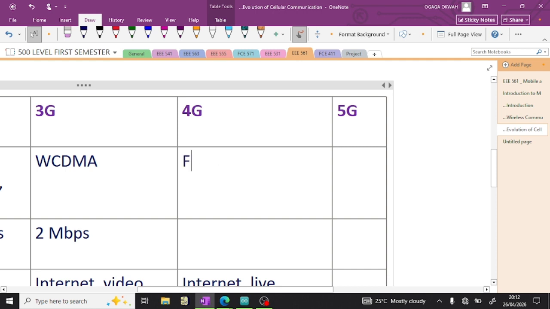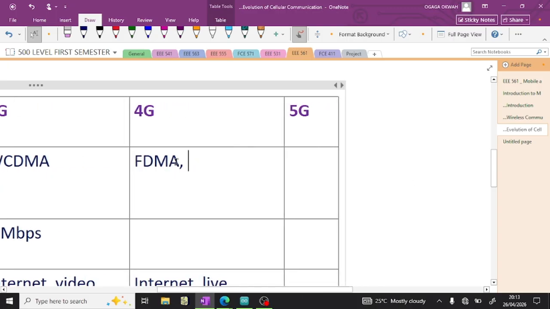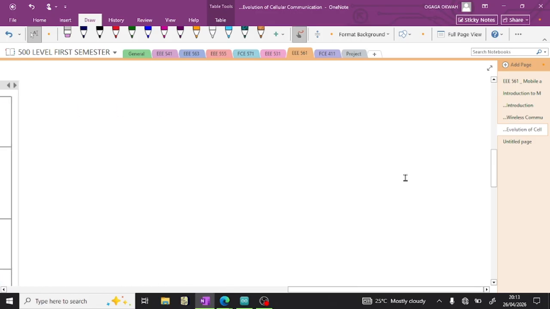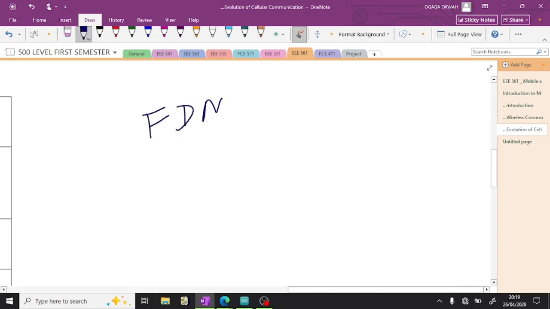And the thing is this: what was added? We still have our FDMA, but what we have different here is this. Now, we already know FDMA, but instead of just FDMA, something was added. Frequency division multiple access. Okay, this frequency division, we can now arrange it in a way whereby this O here is what?